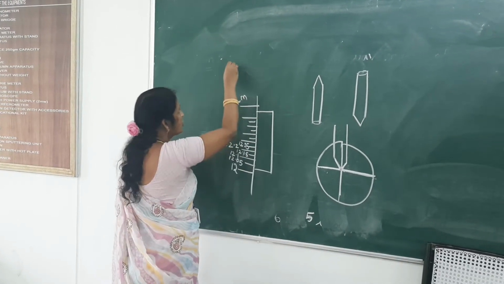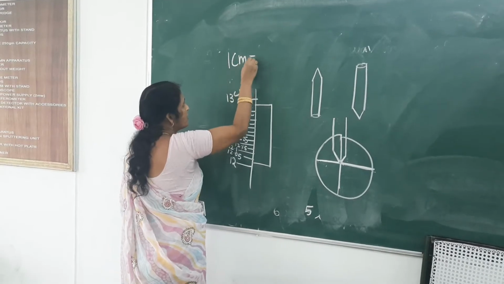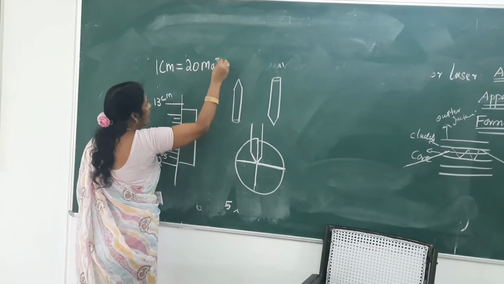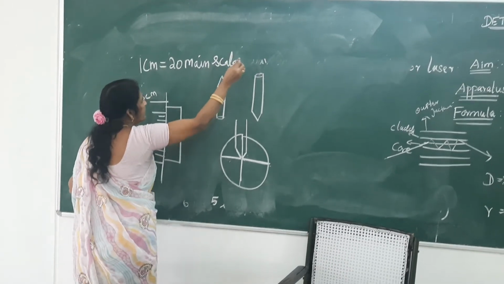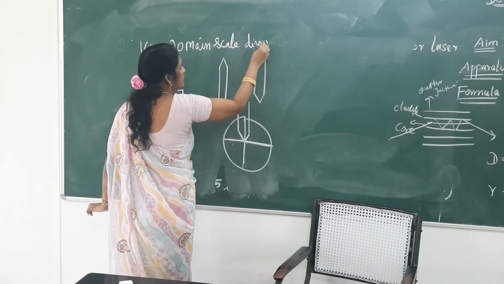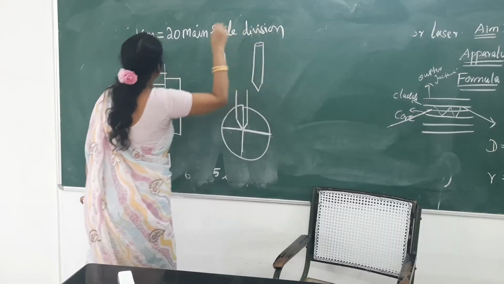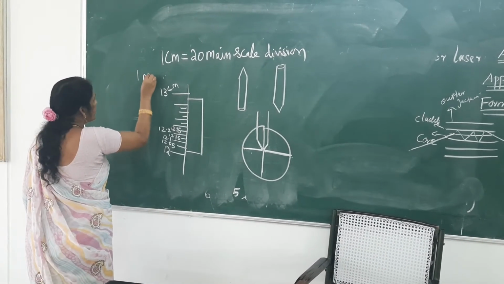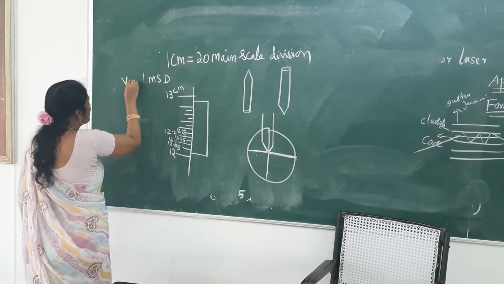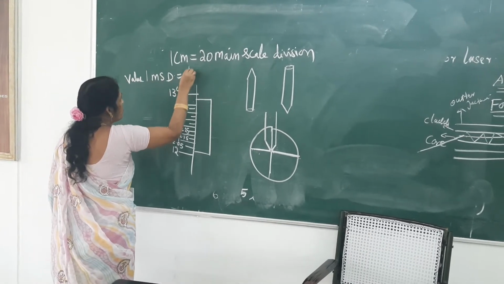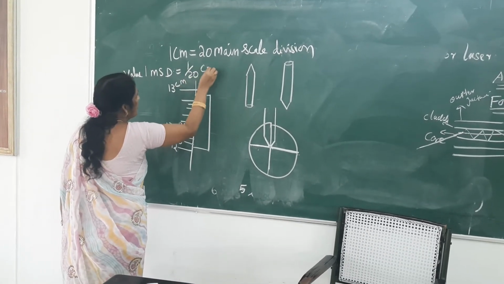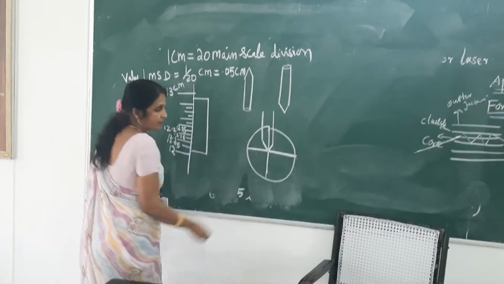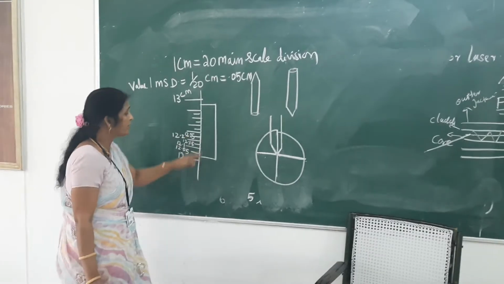Like that, each 1 centimeter is divided into 20 main scale divisions. So the value of 1 main scale division is equal to 1 by 20 centimeter, which is equal to 0.05 centimeter. So like this it is calculated.